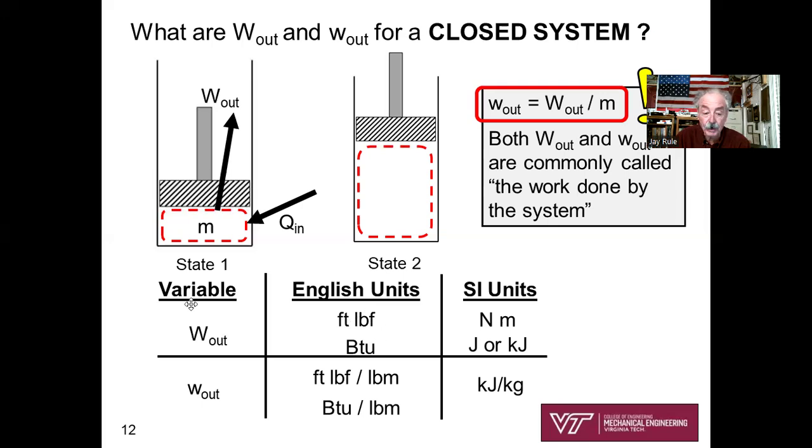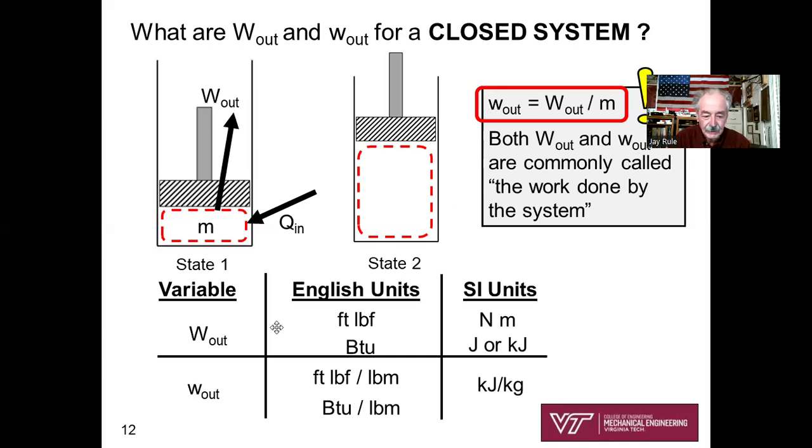Either of those will work for capital W out. In SI, it's Newton meters, force through a distance. Well, a Newton meter is a joule. You've got to have that in your head. Or in many homework problems, you're requested to find the work done in kilojoules. You know that relationship.